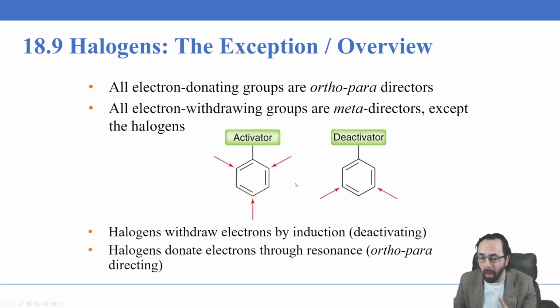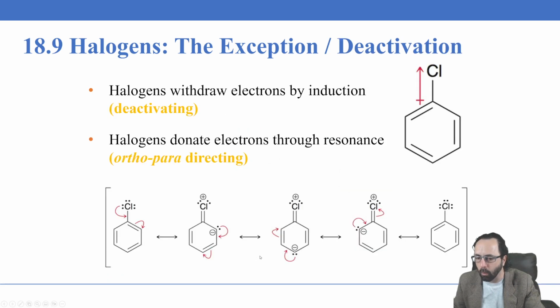And let's talk about why. The halogens are withdrawing the electrons by induction to deactivate the ring. They're pulling the electron density away just simply due to their electronegativity. But halogens do donate electrons through resonance, which helps them to be ortho-para directing. Let's take a look at why that is.